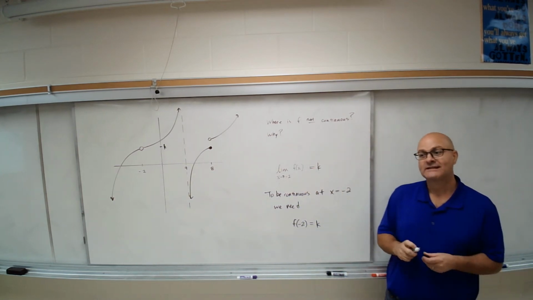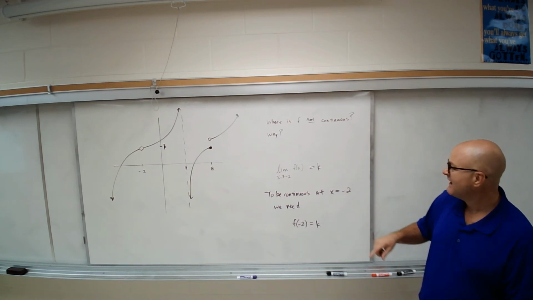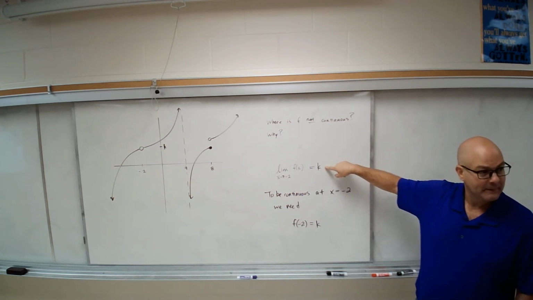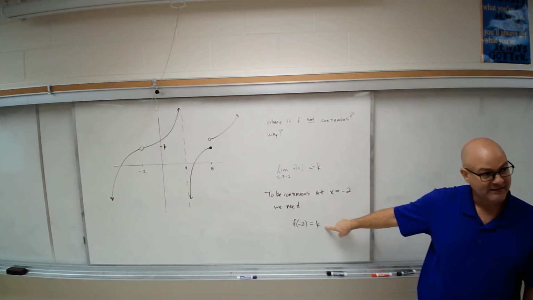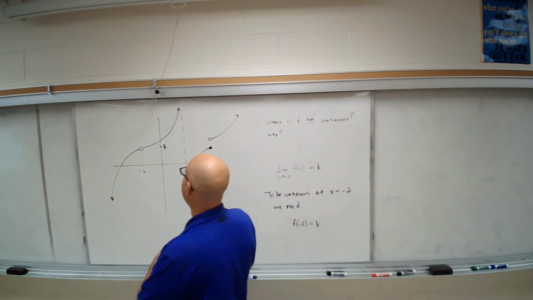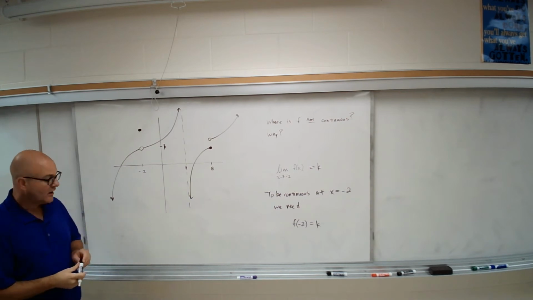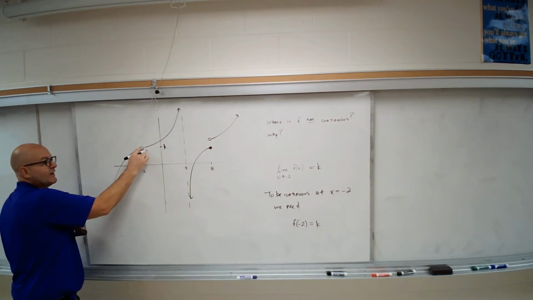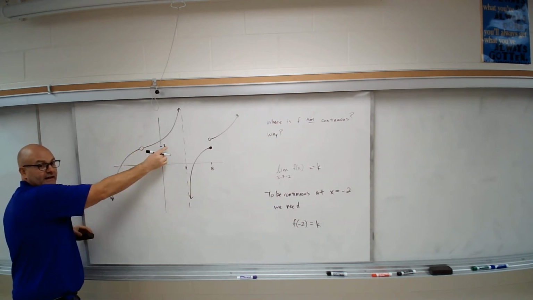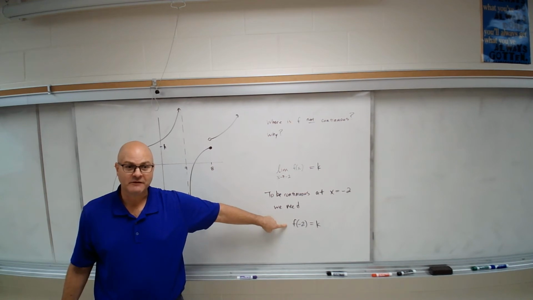Because if this was defined and it had a point up here, is it continuous? No, the only way it's going to be continuous is if we put a point right there at the point (-2, k). And to put a point, you just need to find the value of the function.